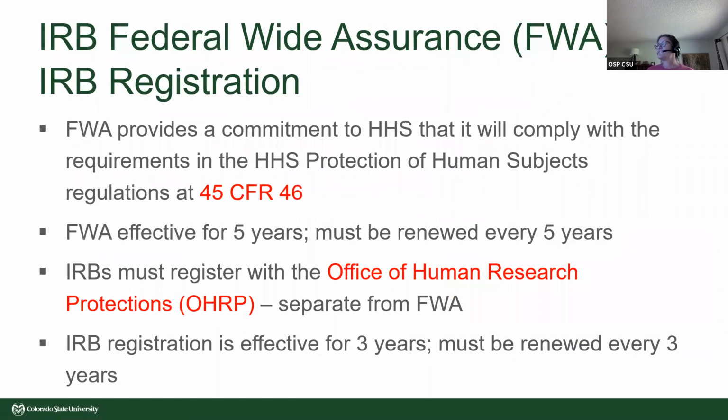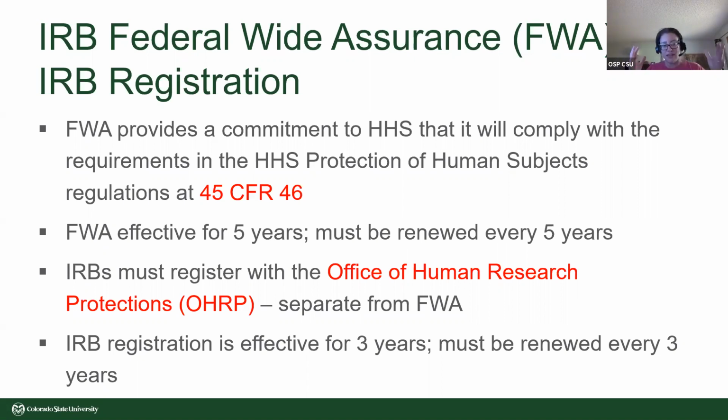Okay. So the federal-wide assurance, if you're somebody pre-award and you're used to having to fill out your federal-wide assurance number, this was before things were pre-populated, you actually had to type in the number, right? That number provides a commitment to the Department of Health and Human Services that as an institution, you're complying with the federal regulations. That federal-wide assurance number is effective for 5 years.